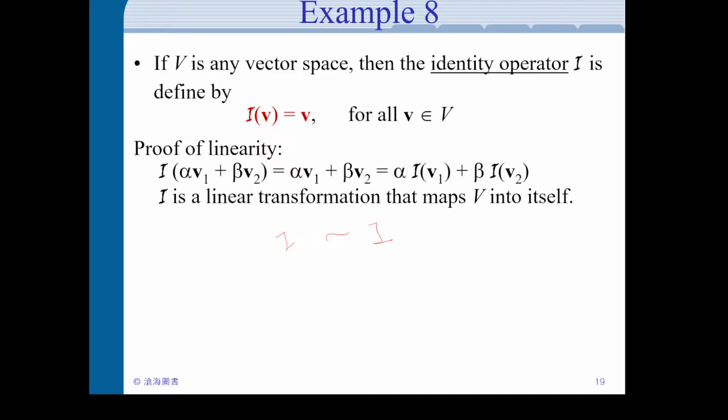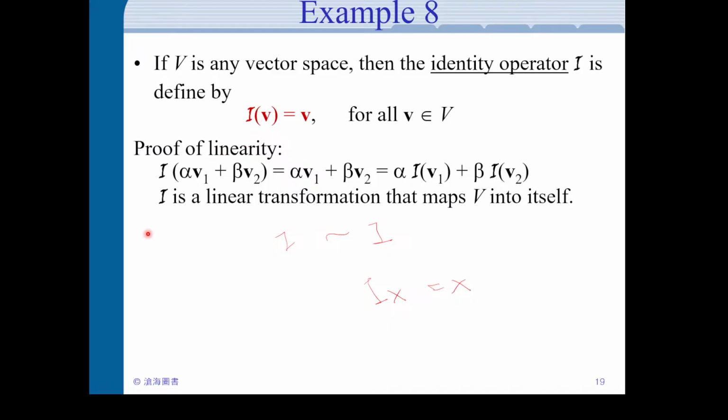If you remember, the identity matrix multiplied on any vector gives back the same vector. So this identity operator is basically an identity matrix, but it's written in a different font to denote that it's an abstract symbol. It's not totally a matrix.